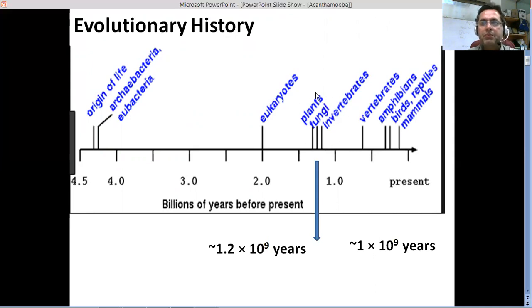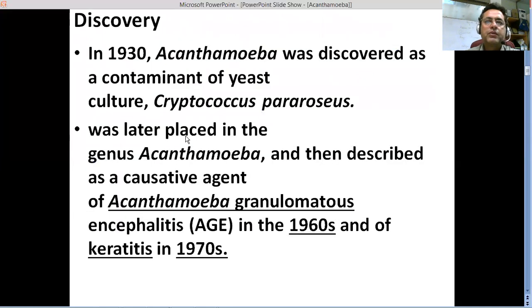Then I discussed the evolutionary history of this particular parasite, and we came to know that it probably would have emerged in between periods that are specified for the emergence of plants and fungi. So that was the evolutionary time period.